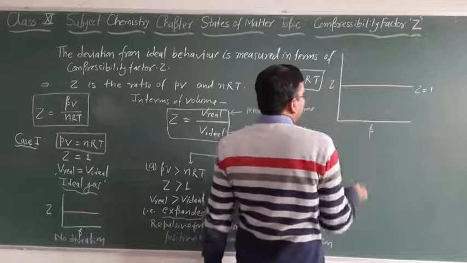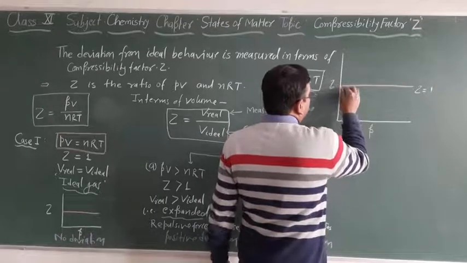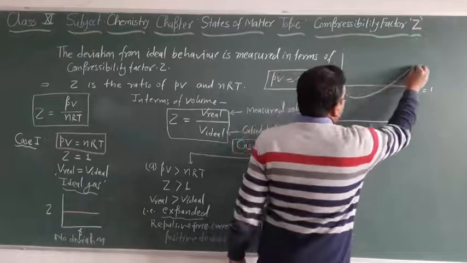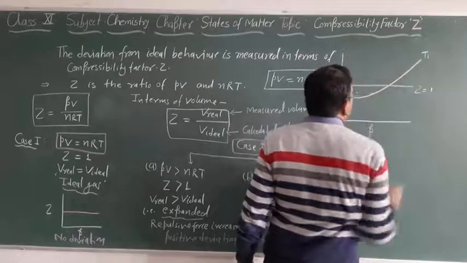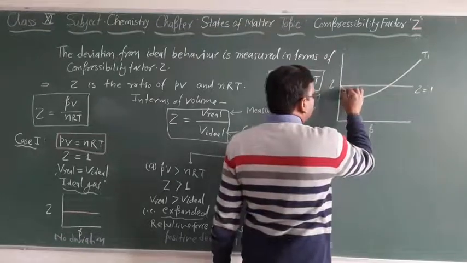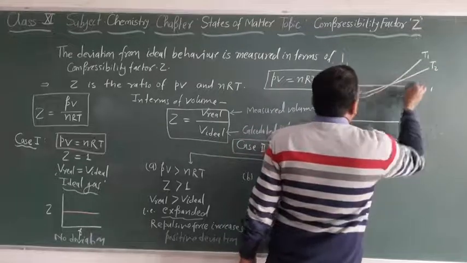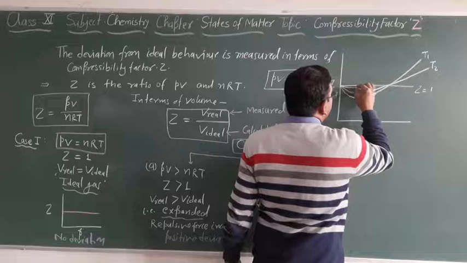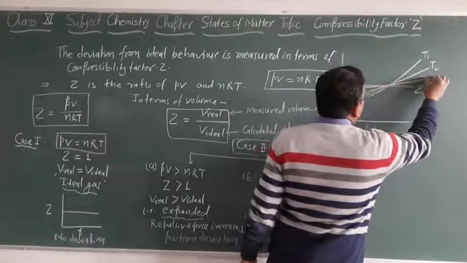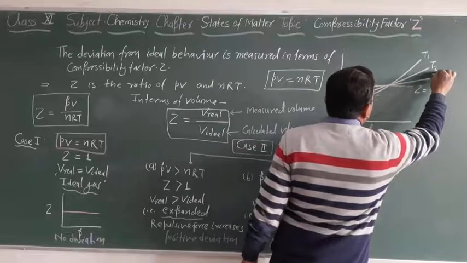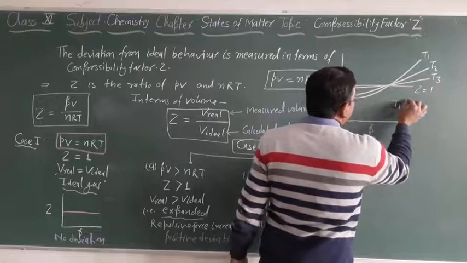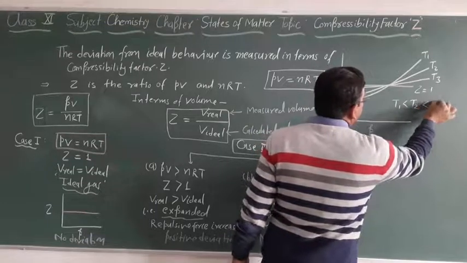Now suppose the temperature is T1, the temperature is T2, and the temperature is T3. Here T1 is less than T2 is less than T3.